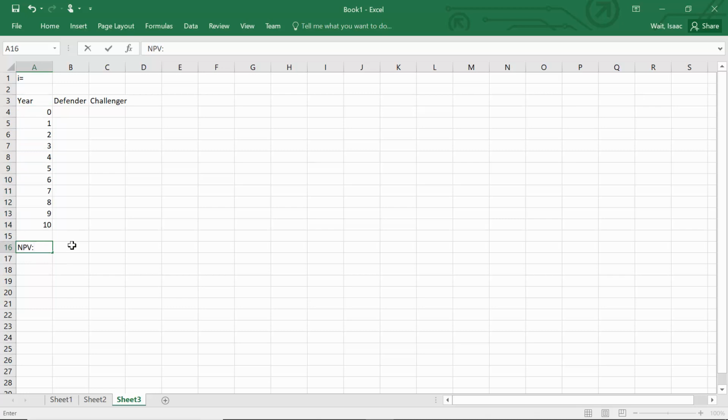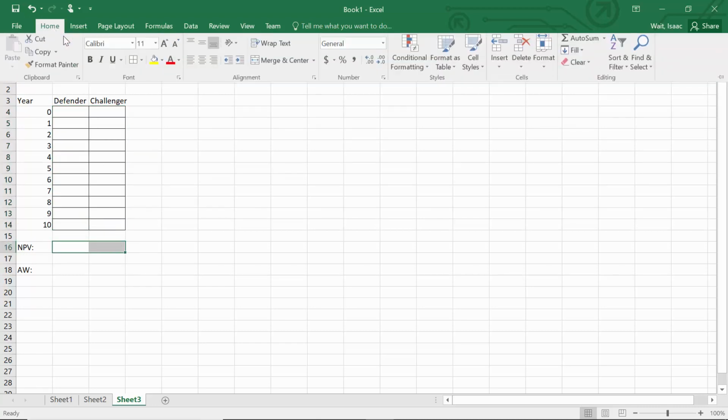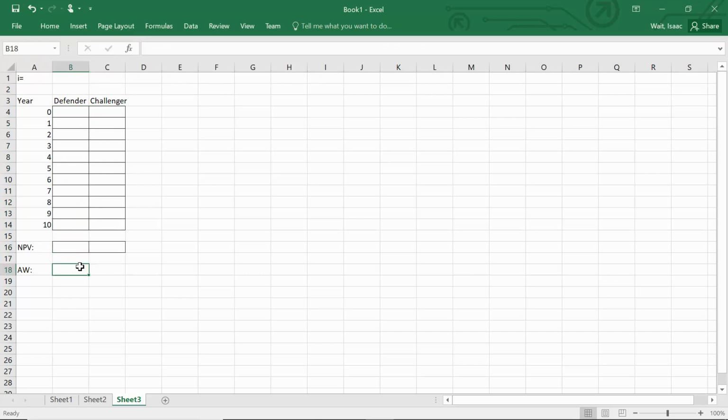You'll need to calculate the NPVs and then find the annual worth equivalent of that. And so the nice thing about this example is that we already know all of the annual costs, whereas you had to kind of calculate them in the previous example.